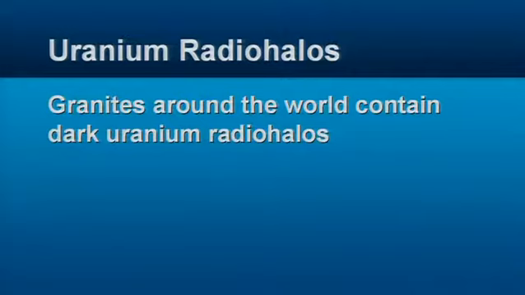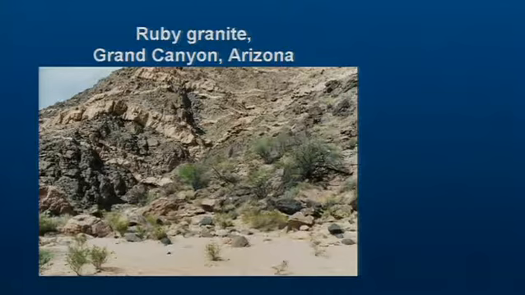And we have found in this research that granites around the world contain these dark uranium radiohalos. As I said on Tuesday night, I've had samples now from 5 continents.